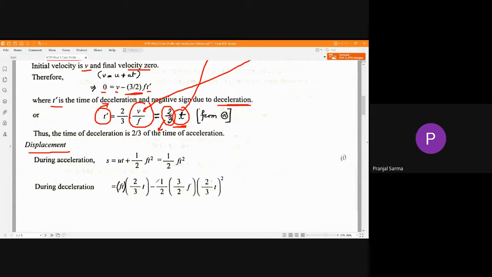Okay, sir. So now regarding displacement, there are two strokes, and again within each stroke there is an acceleration portion and a deceleration portion, right? So during the portion of acceleration, all of you already know the equation for displacement, s equal to ut plus half at square.